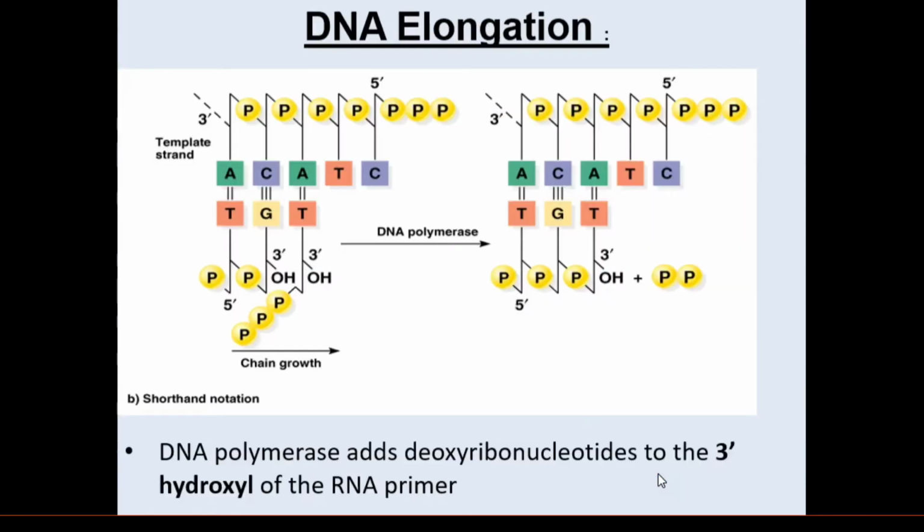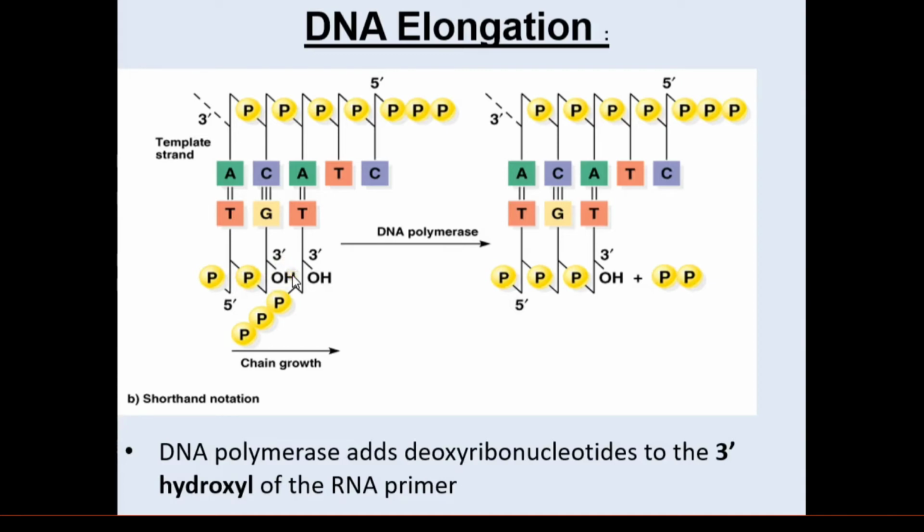During DNA elongation, DNA polymerase adds deoxyribonucleotides to the 3' hydroxyl of the RNA primer. In this picture you see that the RNA primer has a free 3' hydroxyl group.